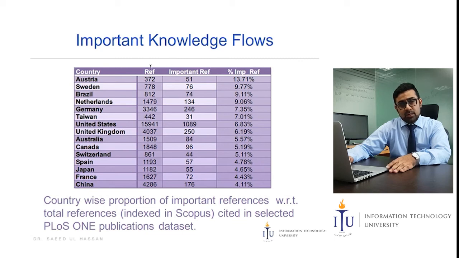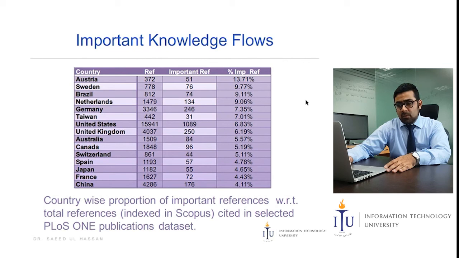with the important references only, and we found, and the list goes as follows, Austria, Sweden, Brazil, Netherlands, despite the fact they are publishing relatively less compared to giants like United Kingdom, Germany, or China, they appear to be at the top.